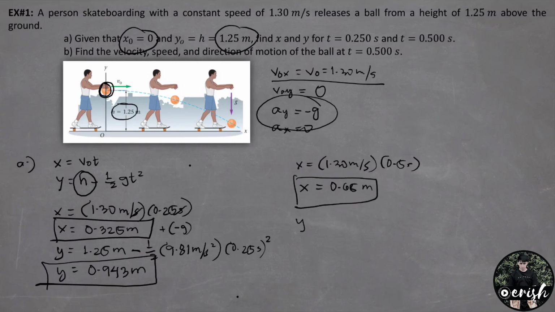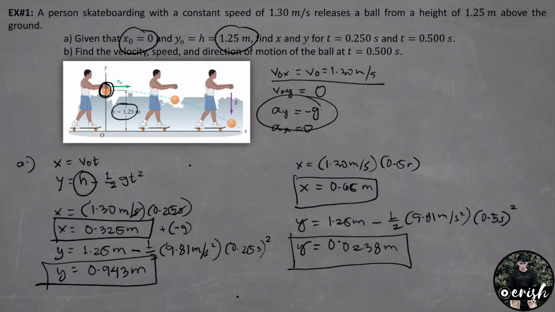For the y position, with the time again na 0.5 seconds, 1.25 meters minus 1/2 times 9.81 meters per second square times time na 0.5 seconds quantity square, and by calculating again, y position is equal to 0.0238 meters.